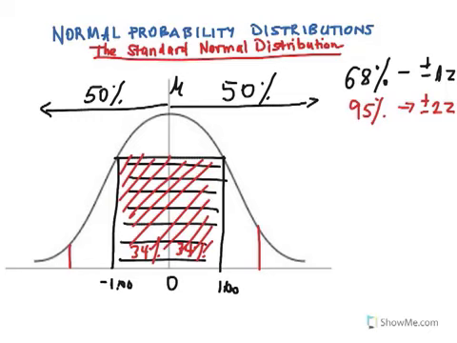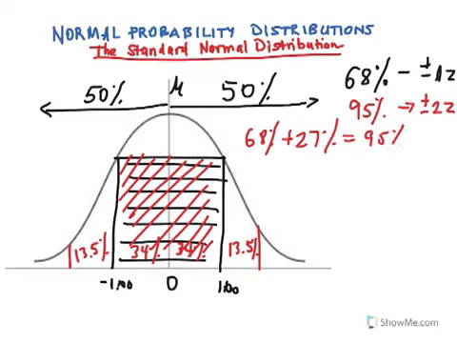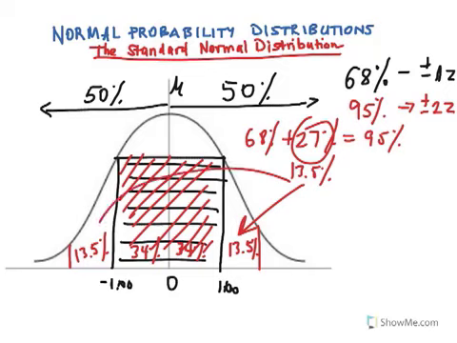So this 27 more percent is divided in two since the distribution is equal. So we have 13.5% here and 13.5% here. So 68% plus 27% will equal 95%. So this 27% divided by 2 is 13.5% each. So one half is here and the other half is here.